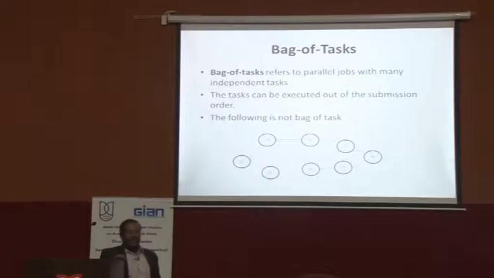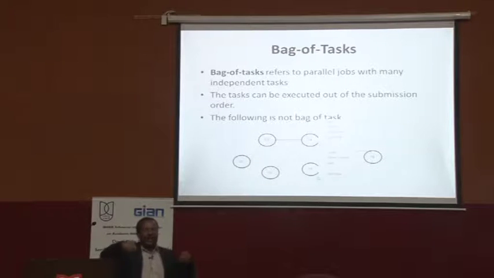Bag of tasks. This is another commonly used workload. Now, this is not bag of tasks, okay? Bag of tasks are tasks, the application has tasks, and these tasks are all independent. They can run in any random fashion.